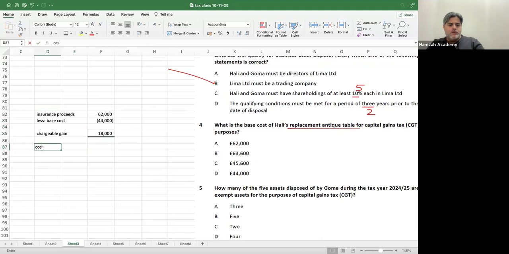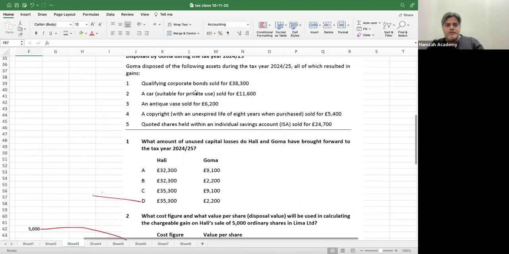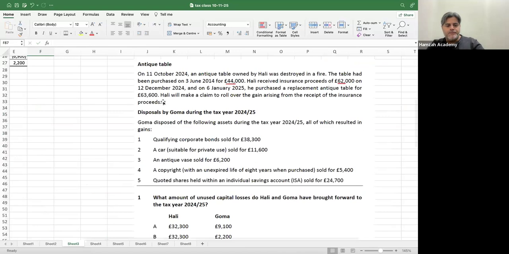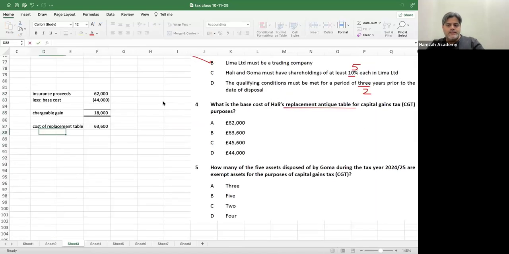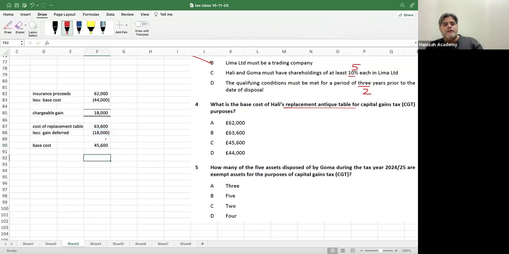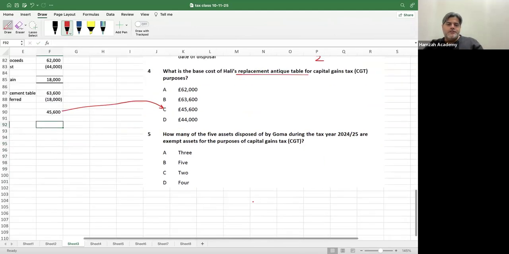Now, the cost of the replacement table, the replacement table has been 63,600 less the gain deferred. So the base cost is 45,600. All right.